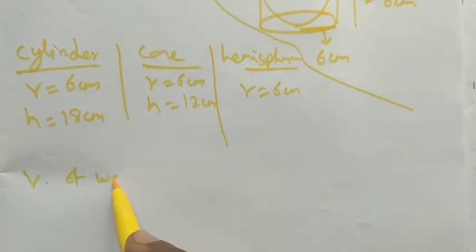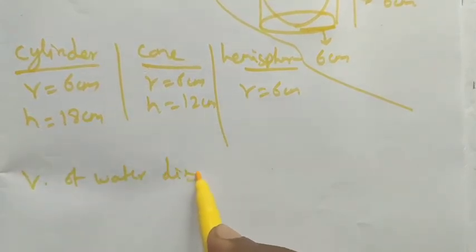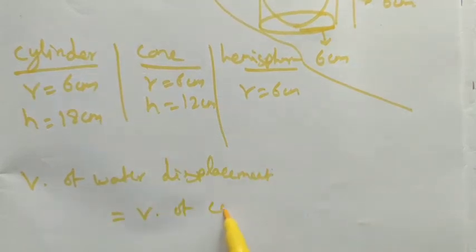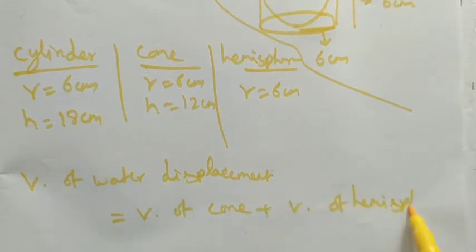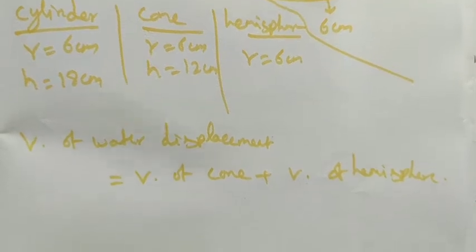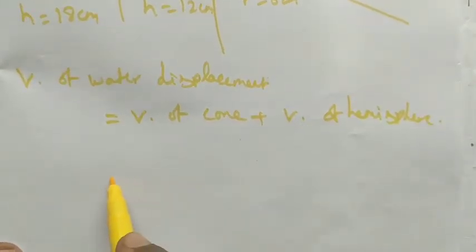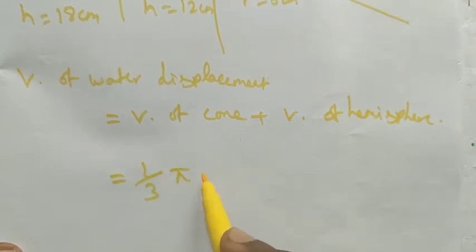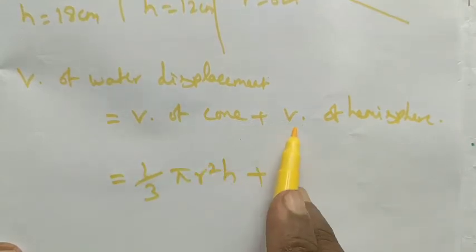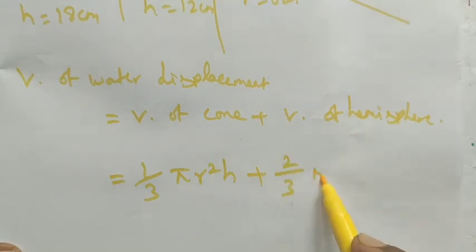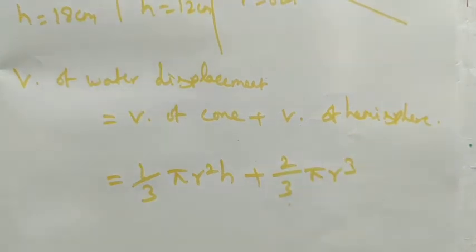Volume of water displacement is equal to volume of cone plus volume of hemisphere is the formula, right? Now the volume of the cone formula is 1 by 3 pi r square h plus volume of the hemisphere is 2 by 3 pi r cube.